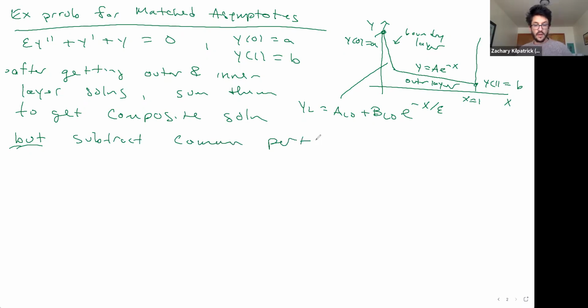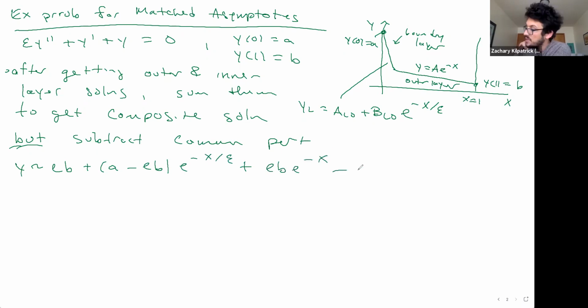And what we found was our common part in this was this constant EB here, which is the limiting value that you get at the right side of the inner layer and the left side of the outer layer.